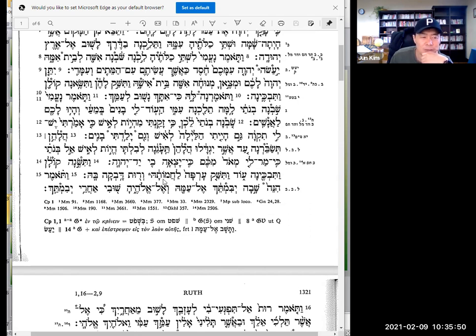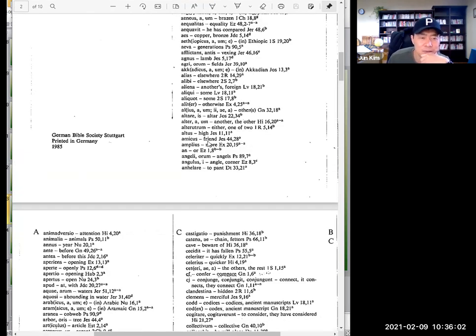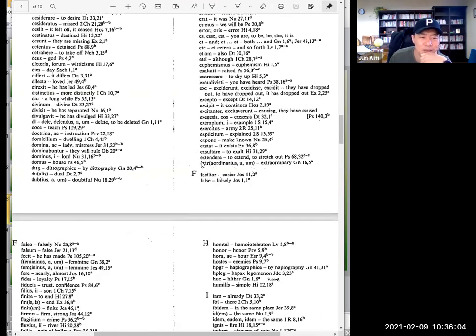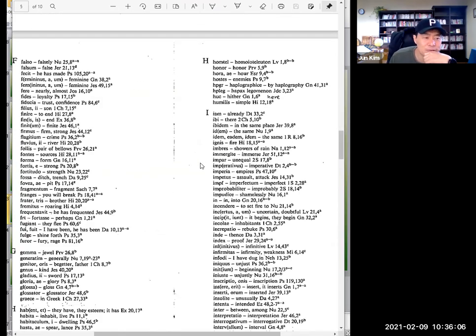After this word, Septuagint adds some words here. And what do we mean by FRT? Can you find the English key, FRT? Go to the English key and FRT. Here, perhaps. So perhaps is the FRT.